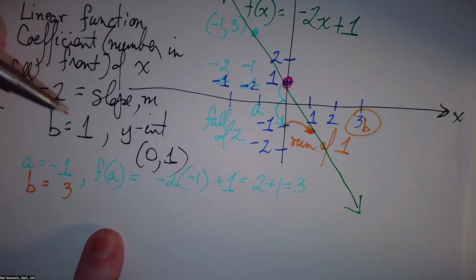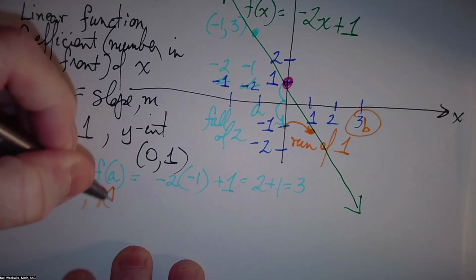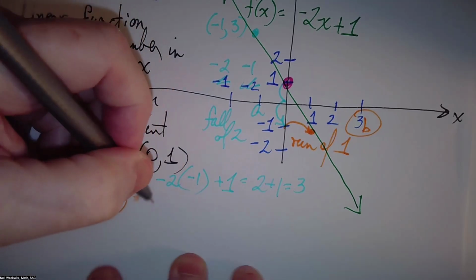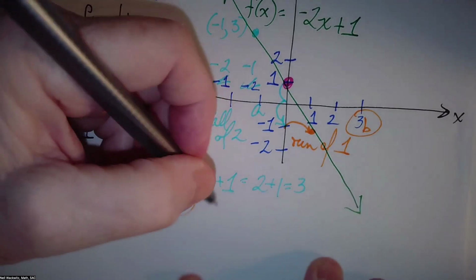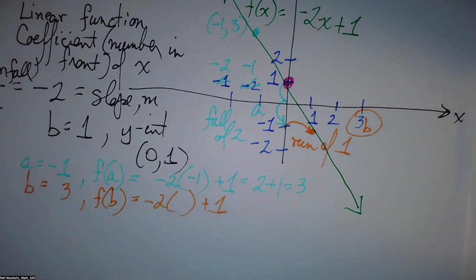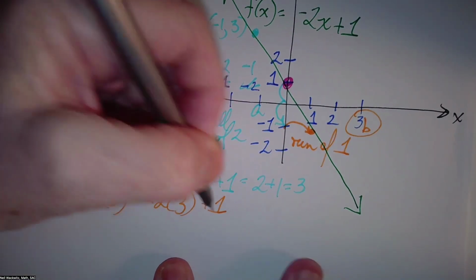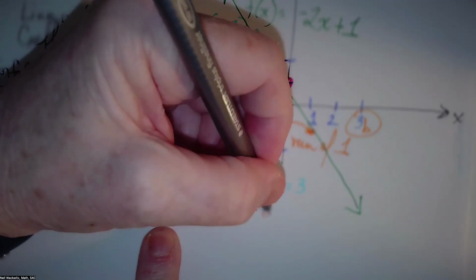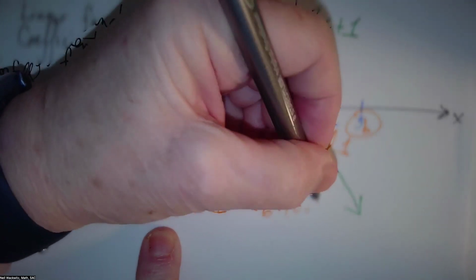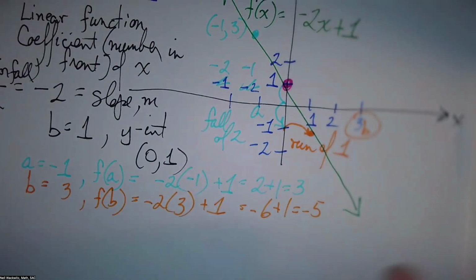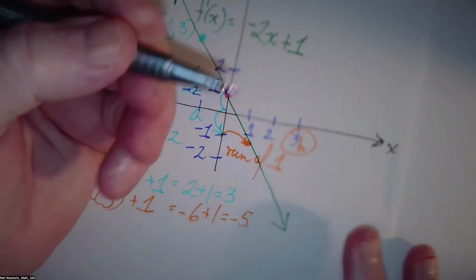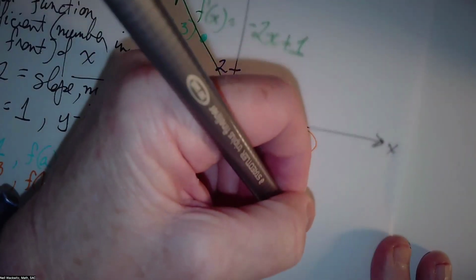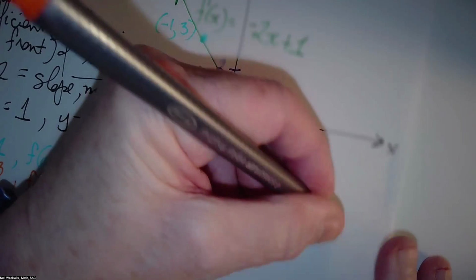For b, f of b, again, is just -2 times b plus 1. This time, the number that we're plugging in is 3. So we get -6 plus 1, which is -5. So our point here is 3, -5.